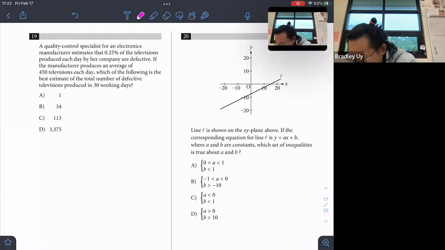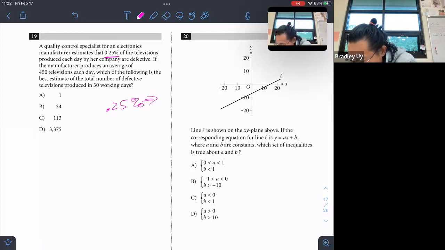Okay, so I think the first thing is understanding that this needs to be converted to a decimal. You might be saying it is already a decimal, but it's still a percent. So this is 0.25%.